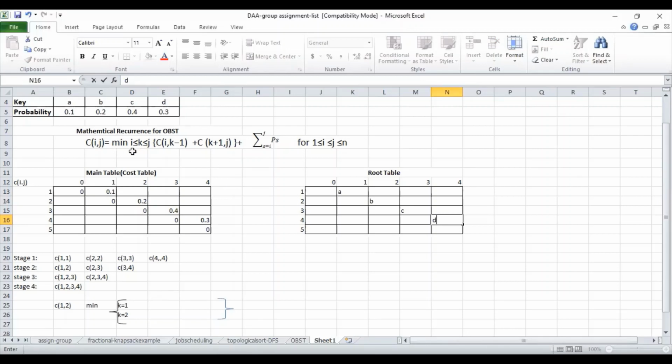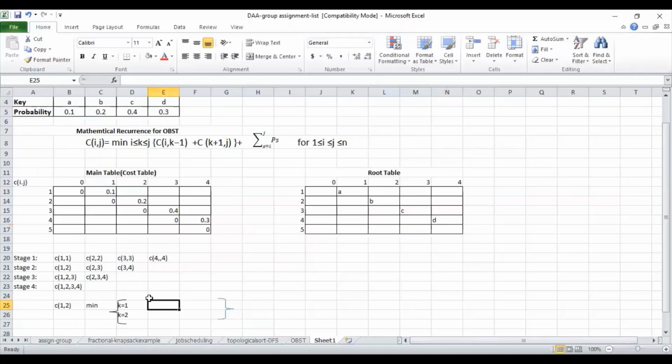And along with this minimum value, we also add the probabilities of these nodes. P_S stands for the search probabilities of the key values which we are considering. So S ranges from I to J, where I and J hold the values 1 and 2 in the current instance. So this would be the search probability of key A and key B. This would be the summation of the search probabilities of the nodes that we consider, and this would be the minimum cost generated by either considering 1 as a root node or 2 as a root.